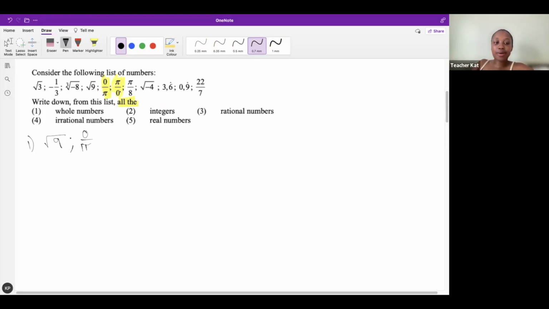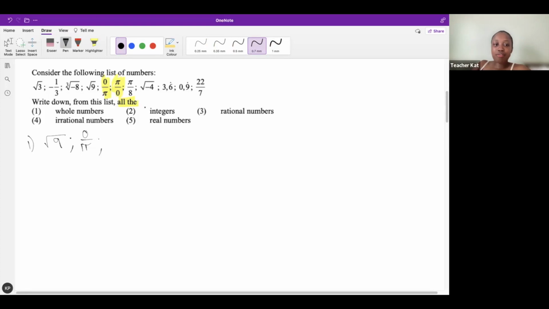Now we get to pi divided by 0. And that is undefined. So that is definitely not a whole number. Pi divided by 8, is that a whole number? Nope.